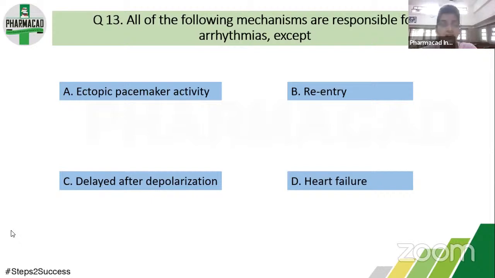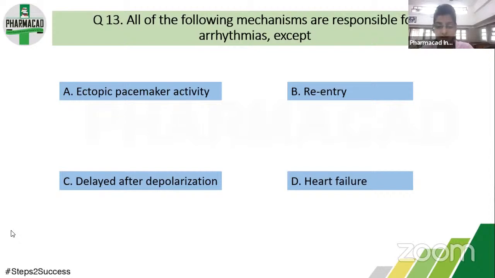And the next reason you see here is delayed after-depolarization. If you remember, what does delayed after-depolarization mean? It means that first an action potential is generated, and just before the second action potential is going to be generated, a small action potential is generated.